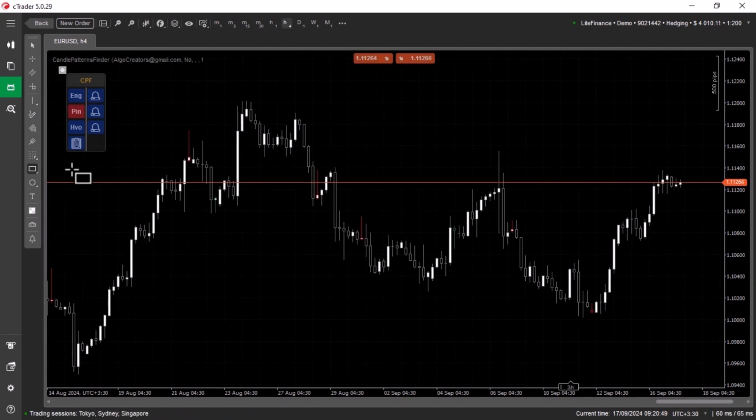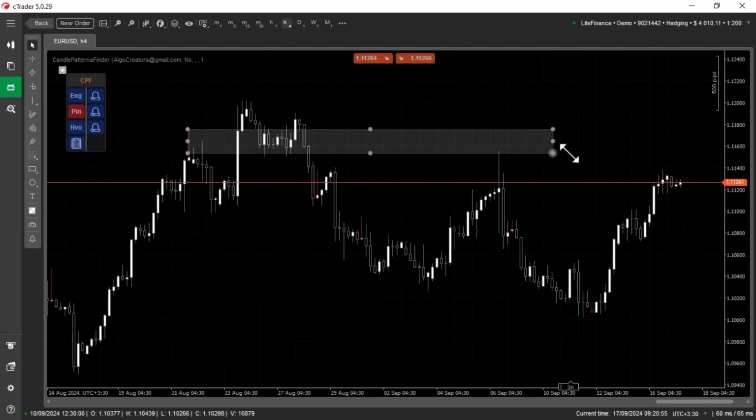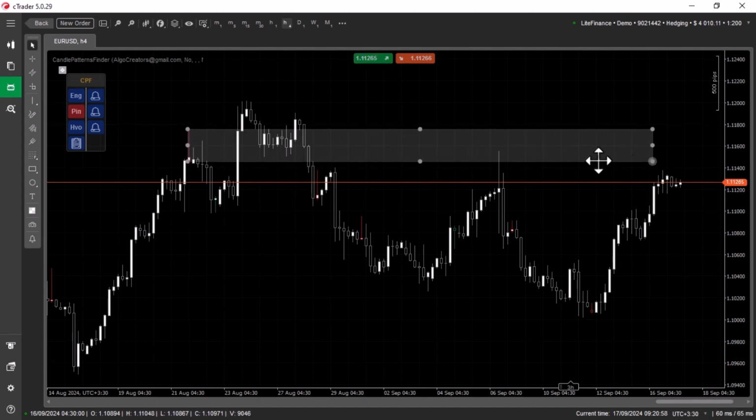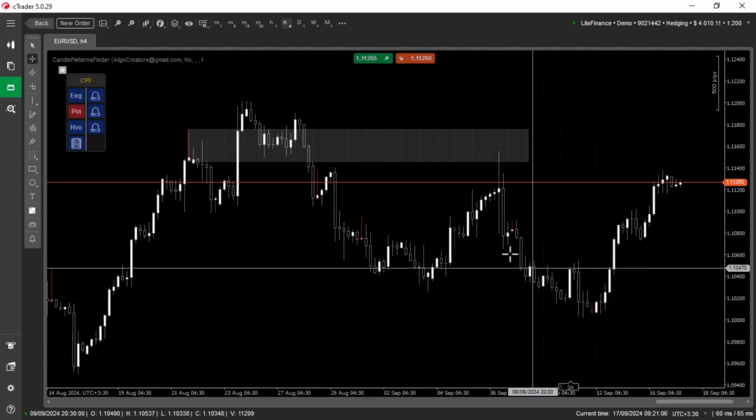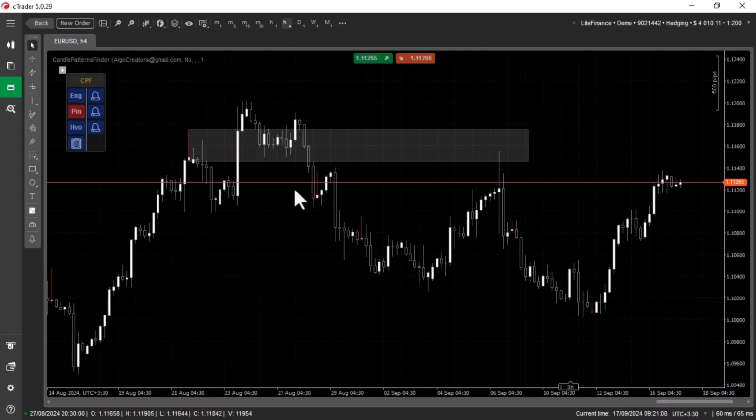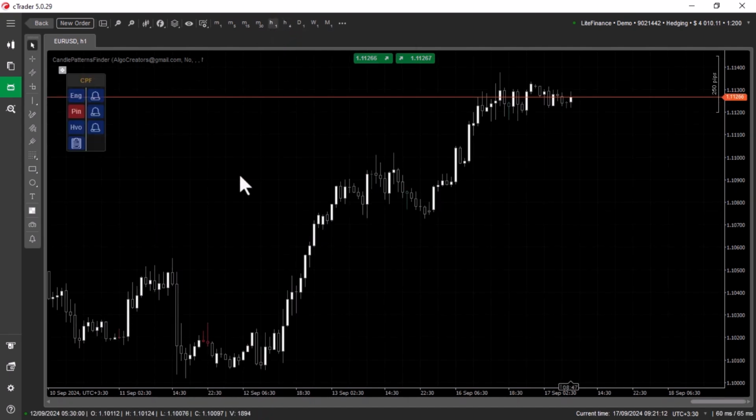For example, from this pin bar candle on the 4-hour Euro USD chart, I could have realized that this is an important price area. And after hitting it, the price could experience a sharp drop. To be more certain, I also check it in a lower time frame.